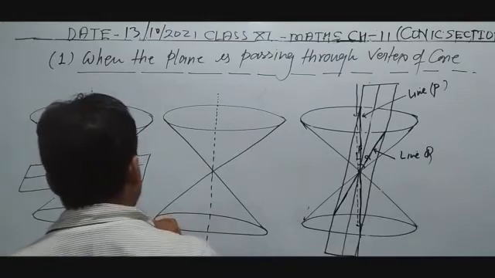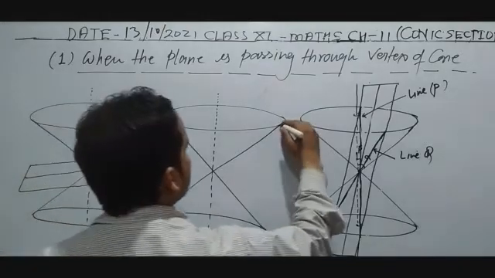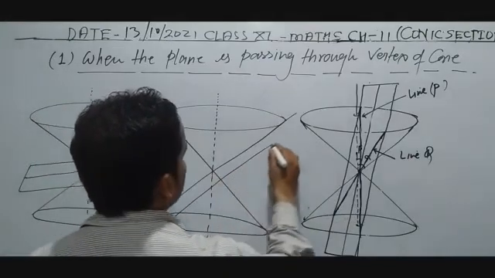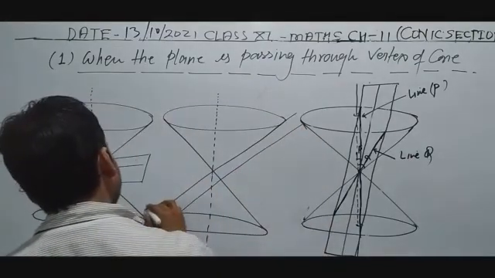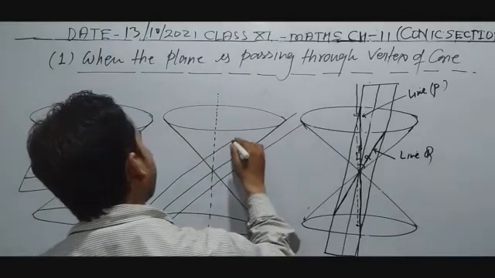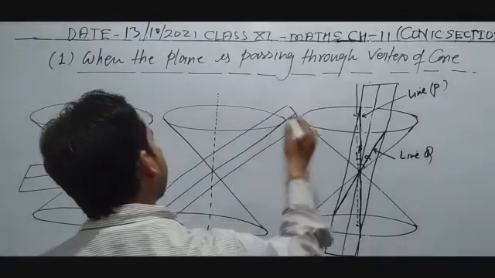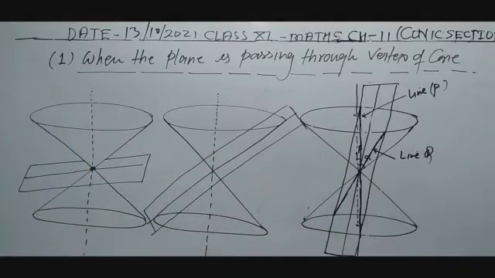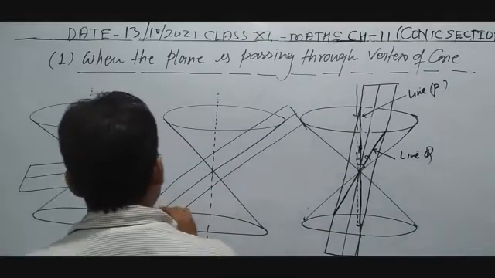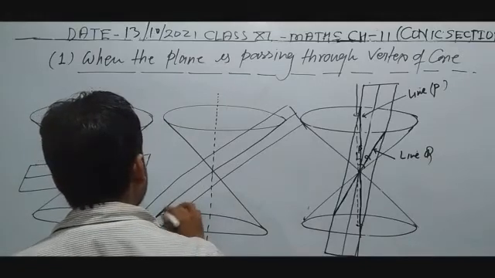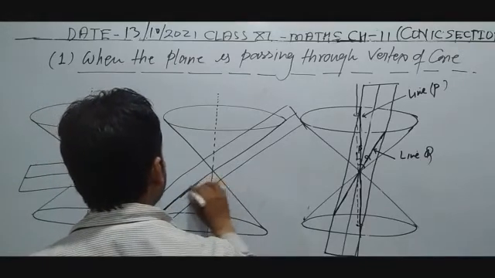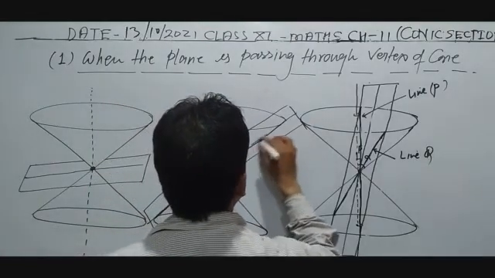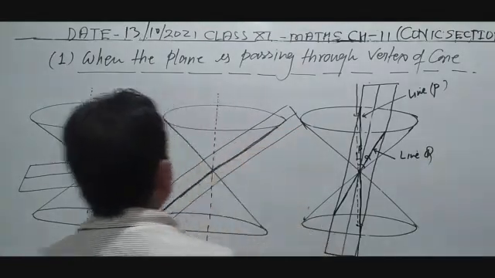When the plane passes through the generator line L2, its shape was a line.